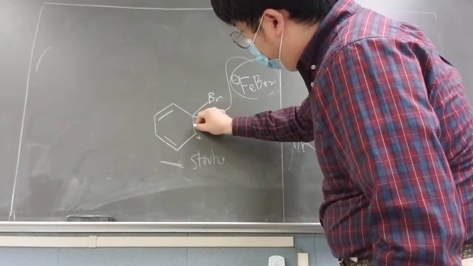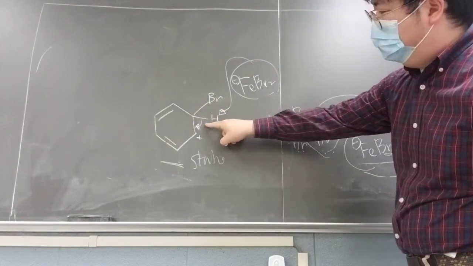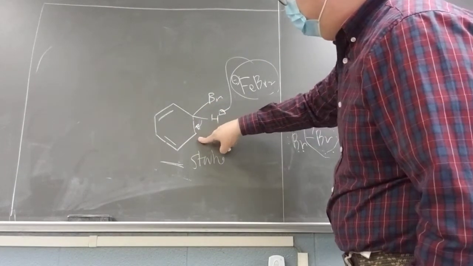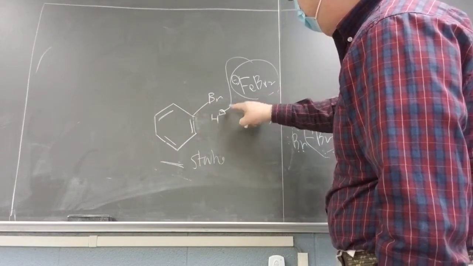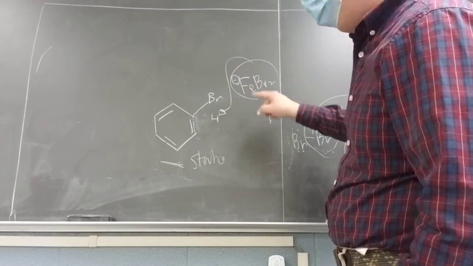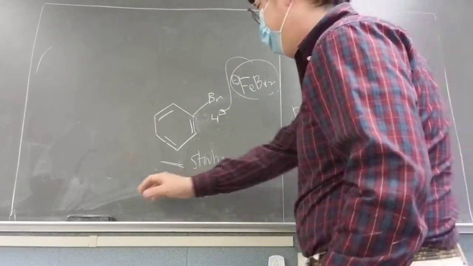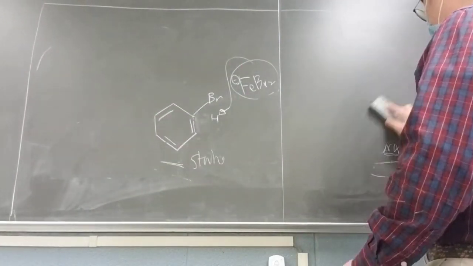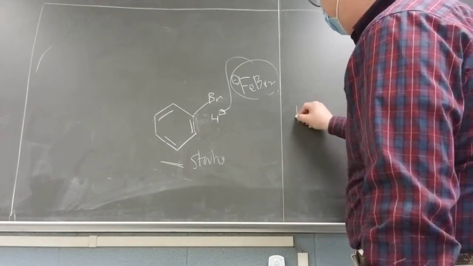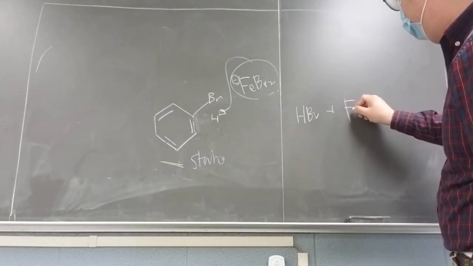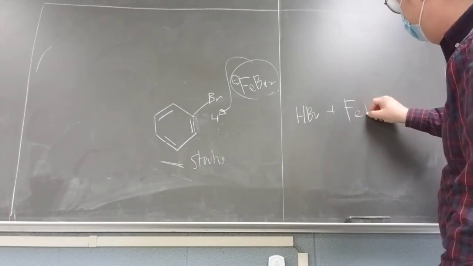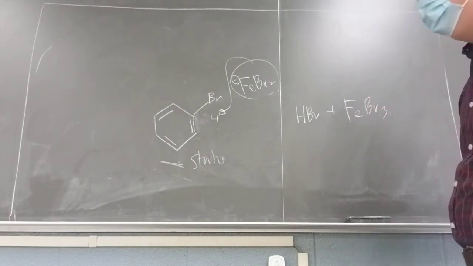So this bond can go in here to make a double bond again. This hydrogen is picked up by one of the bromines here, so it becomes HBr here plus the FeBr3 ion now.